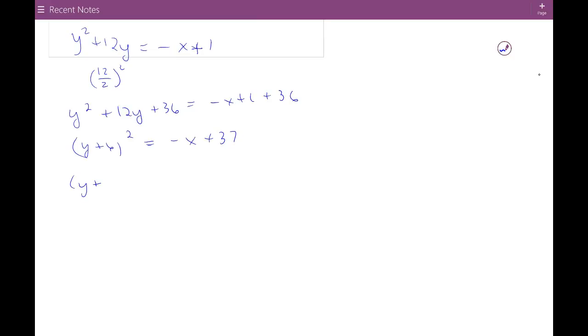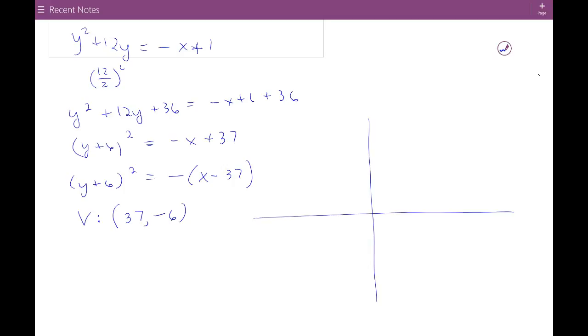You need to factor out whatever's multiplying the x or the y. So you get negative quantity (x minus 37). So your vertex is going to be (37, -6), because x has been replaced by x minus 37, and y has been replaced with y minus -6.